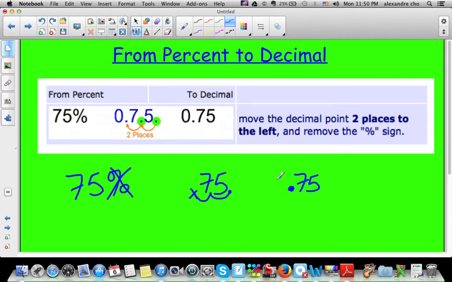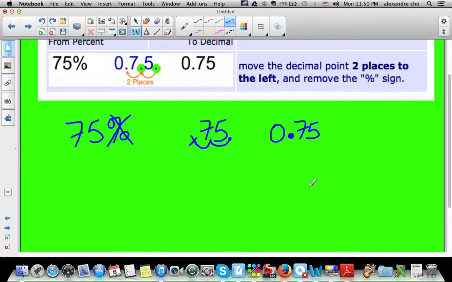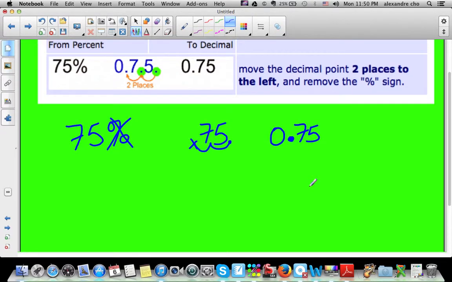We do add a 0 here, just to make it pretty, like a nice placeholder. So 75% becomes 0.75. Let me do a few more here with you. Anytime, please press pause so you can copy the procedure on top, the example, and the ones at the bottom.